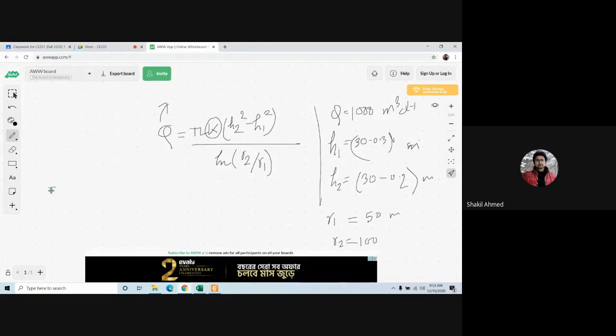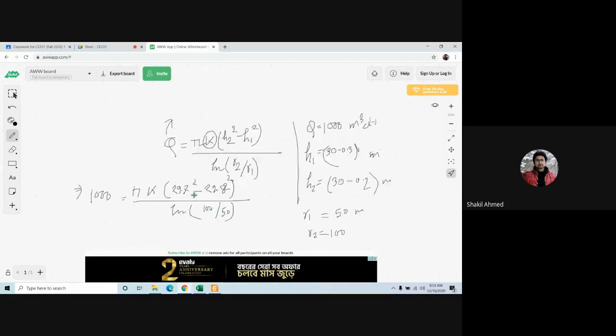So put the values here. Q equals 1000. Pi is here. K is here. H2 is what? 29.7 square minus H2 is what? 29.8 square, ln of 100 divided by 50.